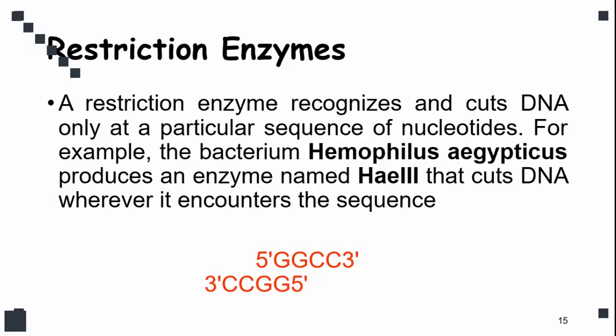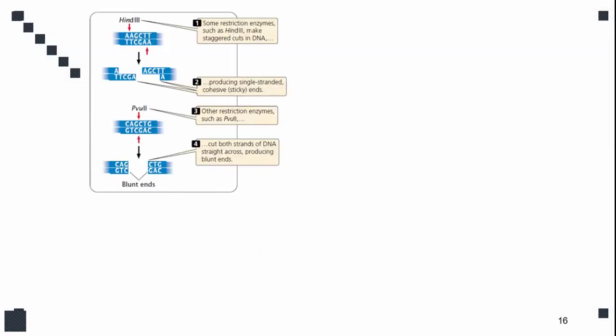So anywhere it actually appears, it actually cuts this particular molecule in this particular sequence producing this particular sticky end. All right, so now let's look at these classical examples.